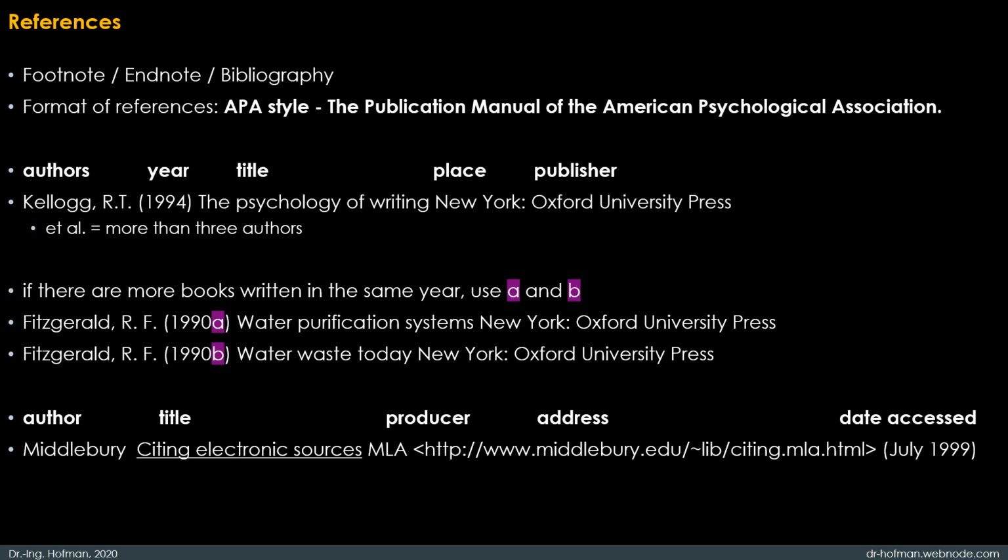City where published and the name of the publisher. If you refer to internet, then name of producer of online website at first, internet address of the quoted material, date that the site was accessed online.